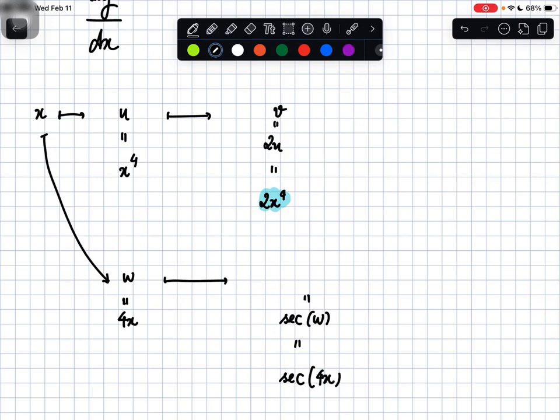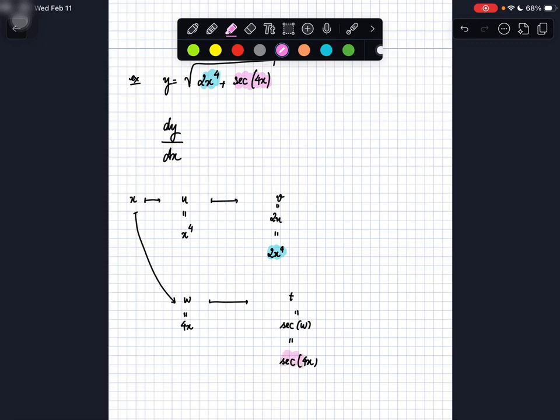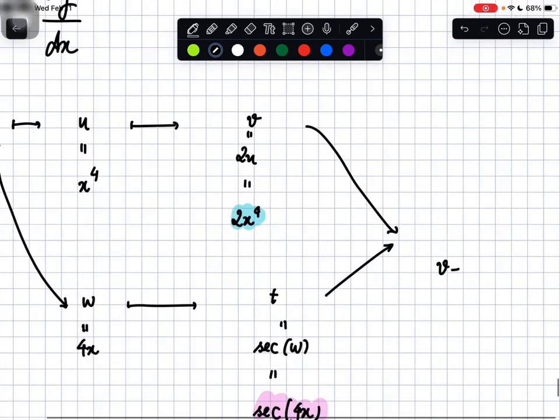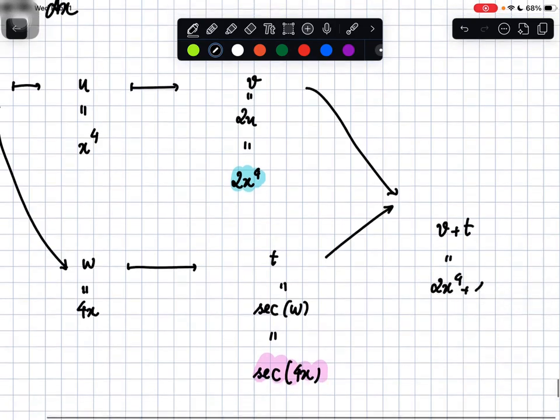Let me call this t. So we have the second term. Now we have the blue plus the pink, v plus t, which is 2x^4 plus secant 4x.